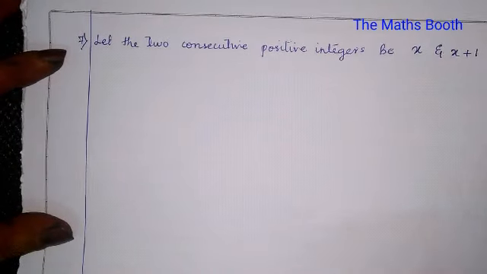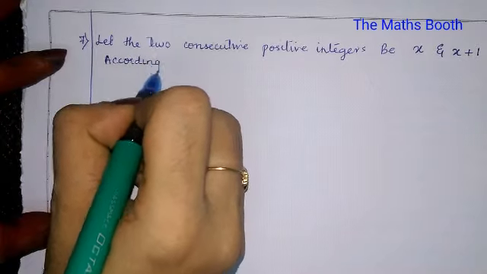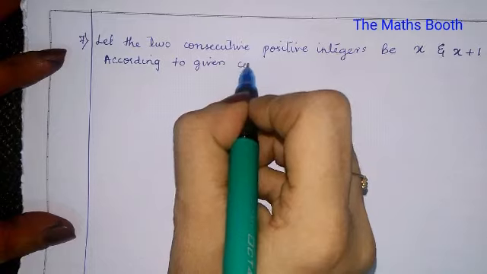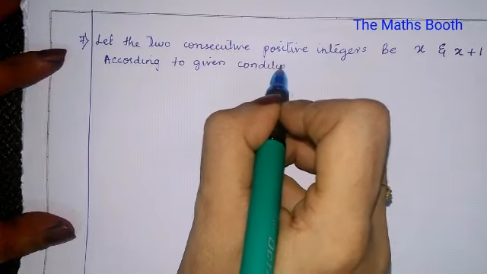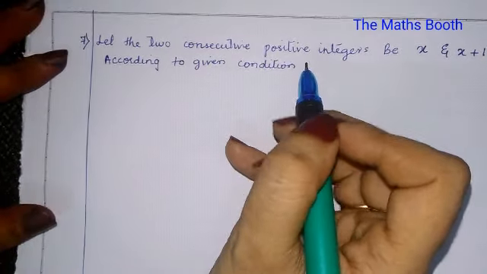According to the given condition, the sum of their squares is 365. These two numbers squared and summed give 365. It is given in the question.